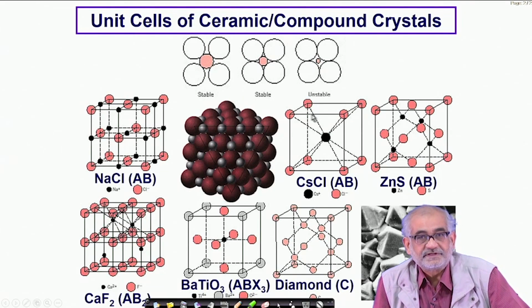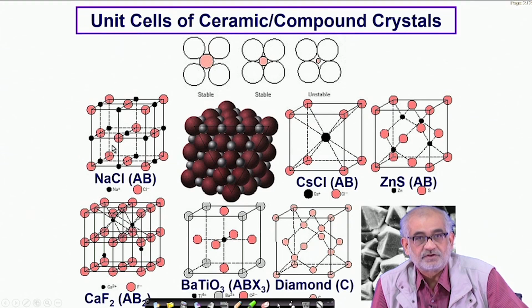I was talking already about the possibility where we can have dissimilar species, not just elemental but compound crystals. So here is an example: sodium chloride. Obviously these pink ones are the anions, the chlorine, and the smaller dots are the cations, sodium. If you go into the details of this structure, one can easily explain that this is nothing but an FCC unit cell.